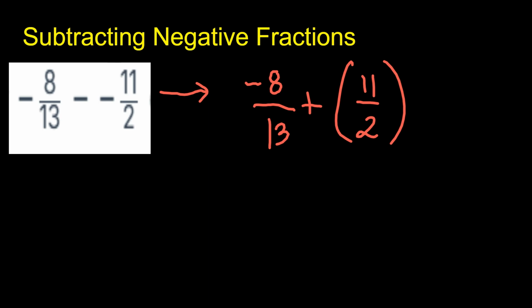Now, again, for us to get the common denominator between 13 and 2, we need to list down the multiples of both of them.